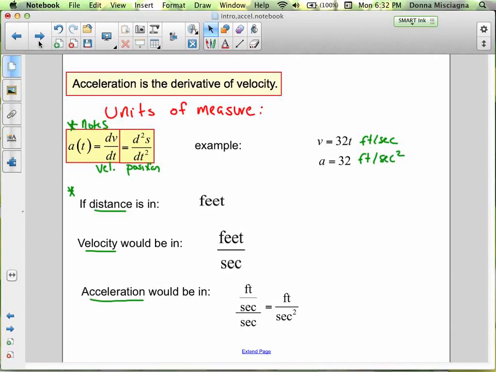Acceleration would be in feet per second per second, since velocity is the rate of change, in other words feet per second squared. So if the velocity is 32 feet per second, the acceleration would be 32 feet per second squared. Make sure you have the right units of measure, depending on whether your function is referring to distance, velocity, or acceleration.